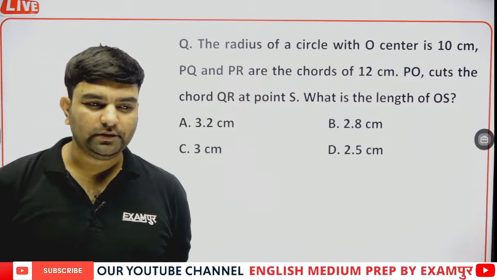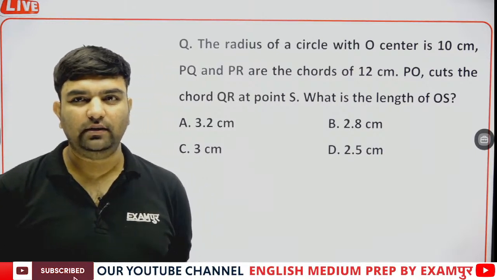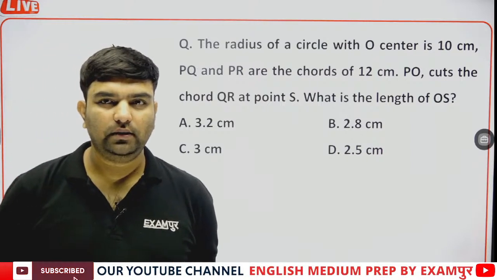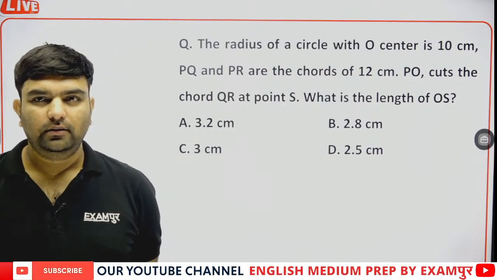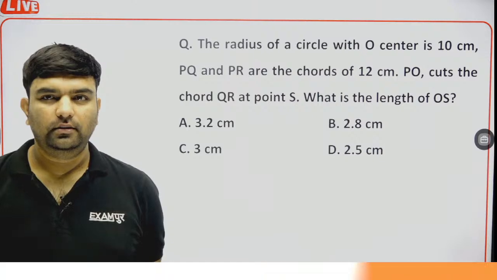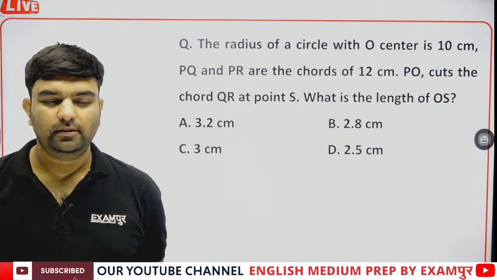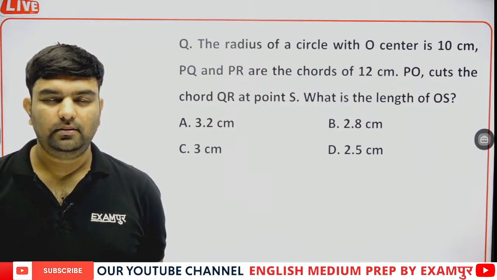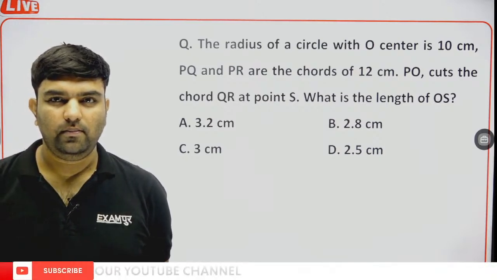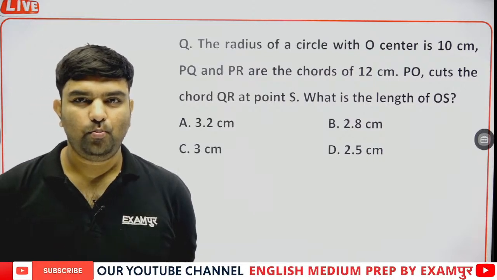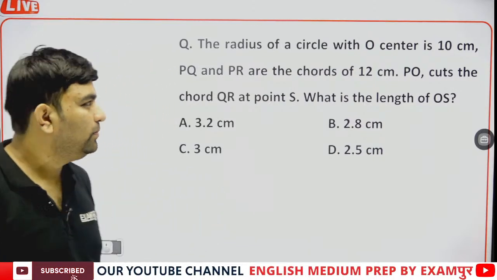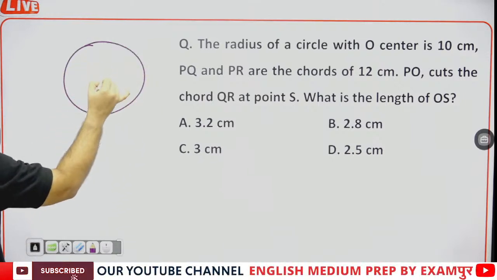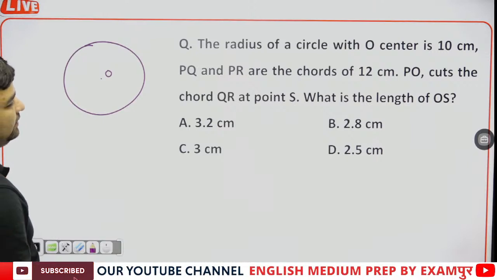The radius of the circle with the center O is 10.